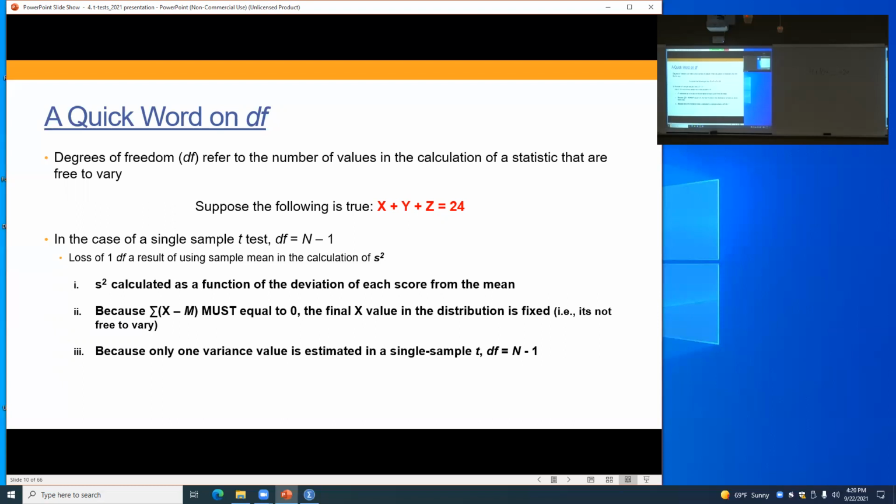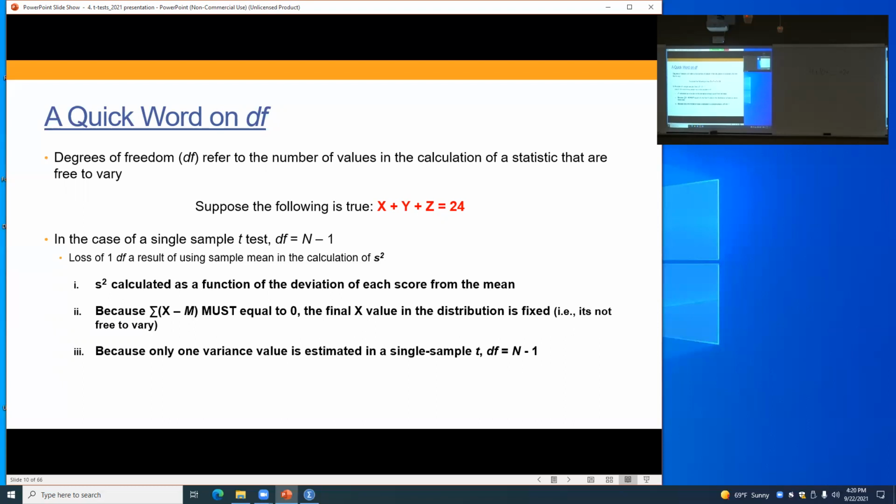But because the sum of those deviation scores has to be 0, mathematically, I'm free to choose all of my X values in that calculation until I get to that final value. And whatever that final value is, it has to make the sum equal to 0. And so that's where we lose that degree of freedom. That last value is fixed. It's not free to vary.